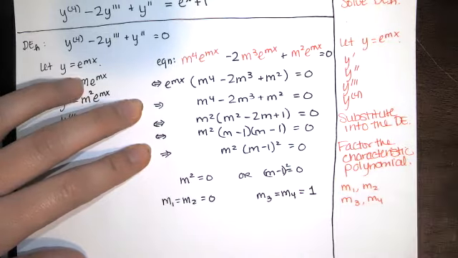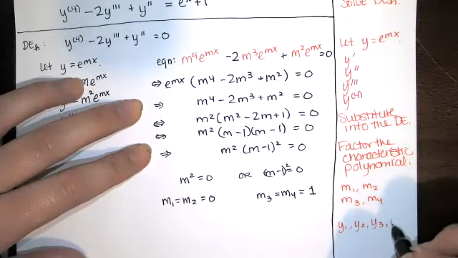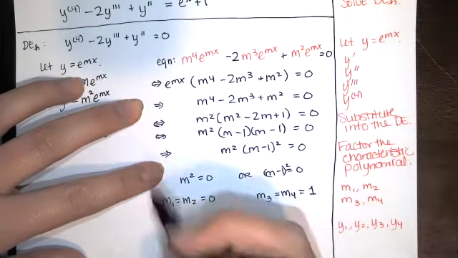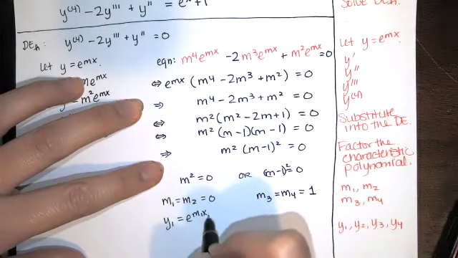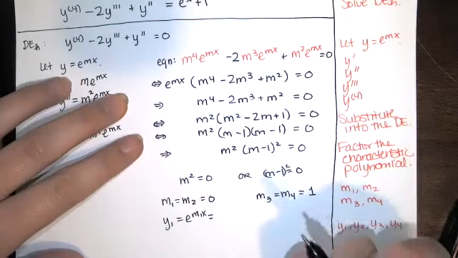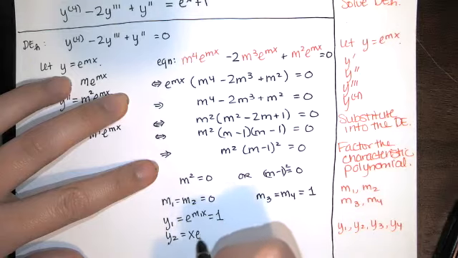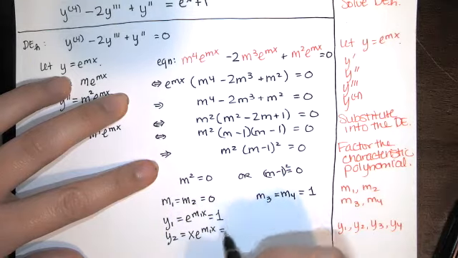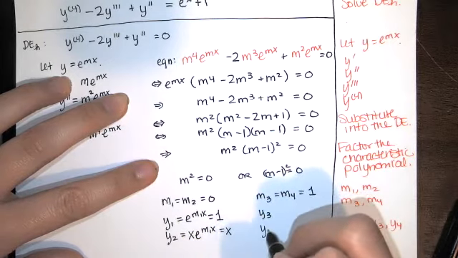Remember how repeated roots work. y1 is going to equal e to the m1x, so it's e to the 0. E to the 0 is 1. And y2 looks just like that, but you multiply by an extra x. So it's going to be e to the 0 times x, or x. y3 and y4 are over here.